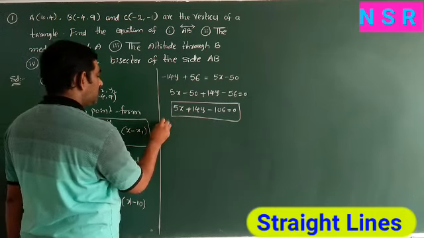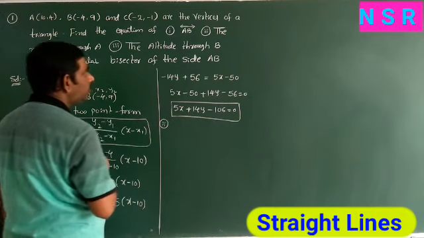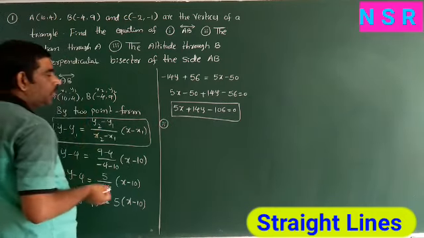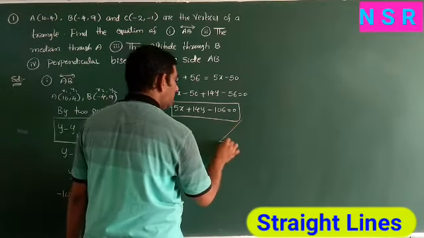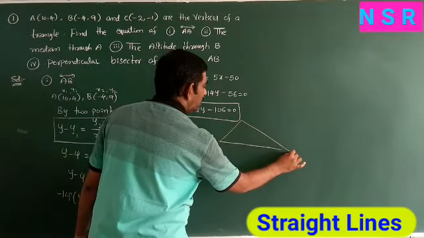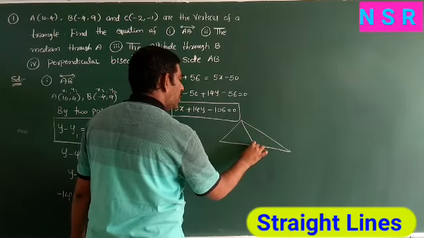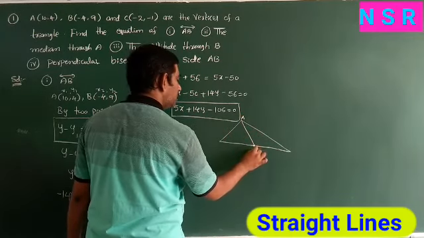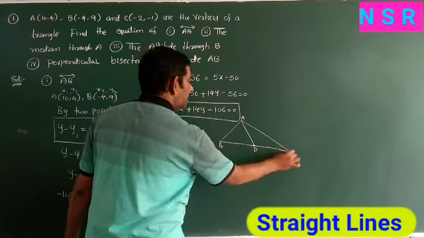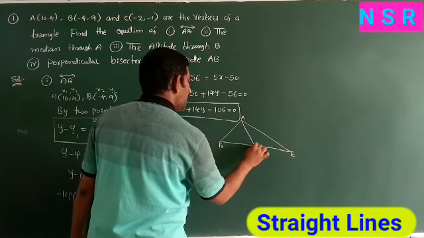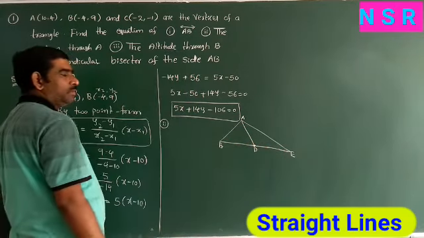So next, the second one, the median through A. So what is median? In a triangle ABC, a line drawn from a vertex to the midpoint of the opposite side is called median. Now here find the AD line equation.